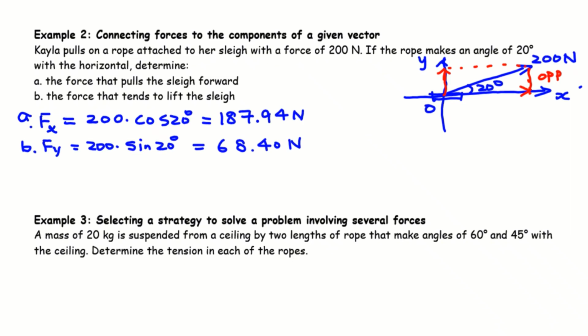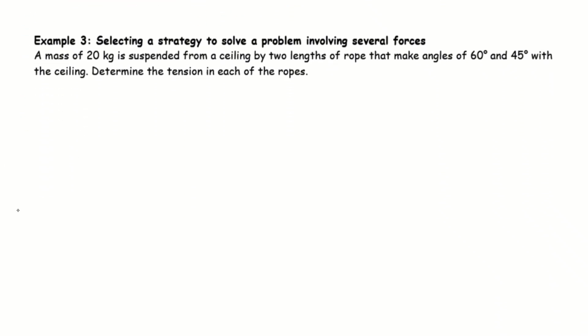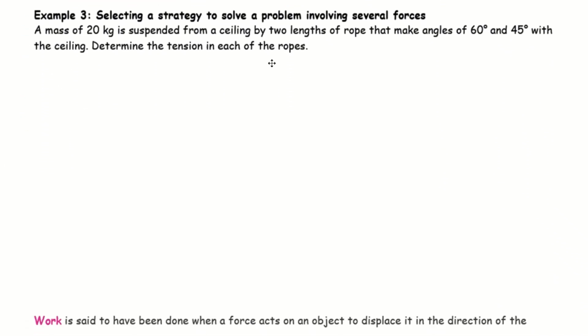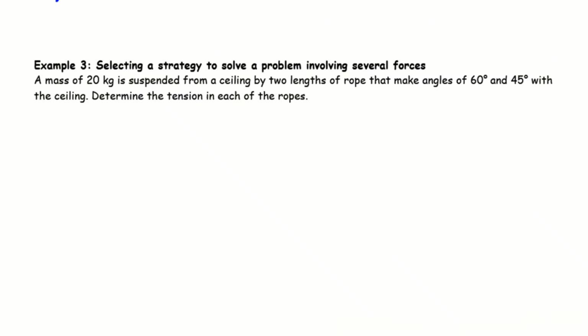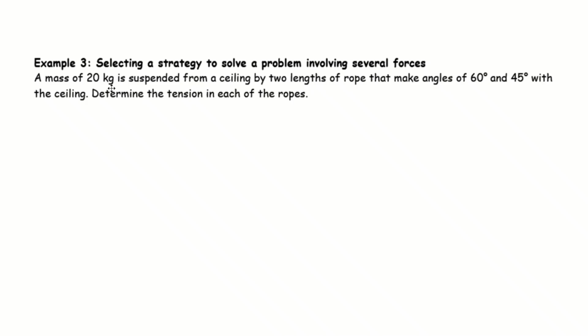And example 3. Selecting a strategy to solve a problem involving several forces. So this one, a mass of 20 kg, kilogram, is suspended from a ceiling. So we are going to sketch it. This is a ceiling.